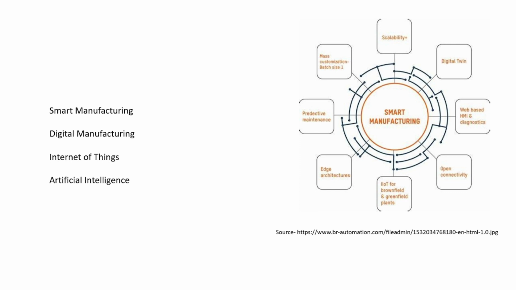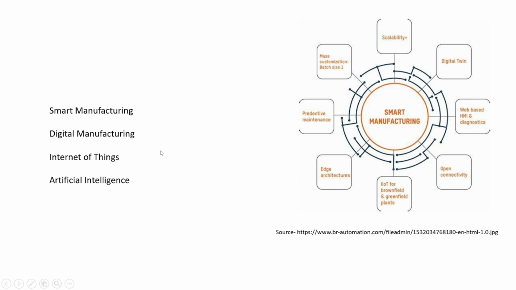So it changes the production levels based on demand, with optimization in the supply chain and efficient production systems. Other related terms are scalability, mass customization, predictive maintenance, edge architecture, IIoT, open connectivity, and digital twin web based diagnosis process. So those are the overview of the smart manufacturing process.